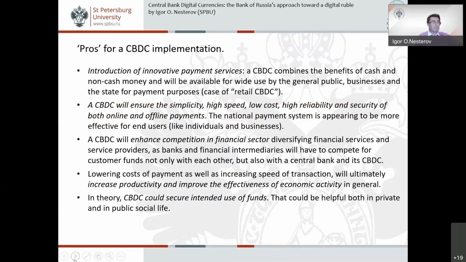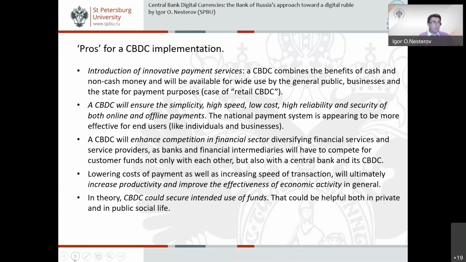Of course, both potential advantages and disadvantages heavily depend on the implied design of a particular CBDC, but still we can identify some general features. Among key advantages and opportunities created by CBDC are the following.